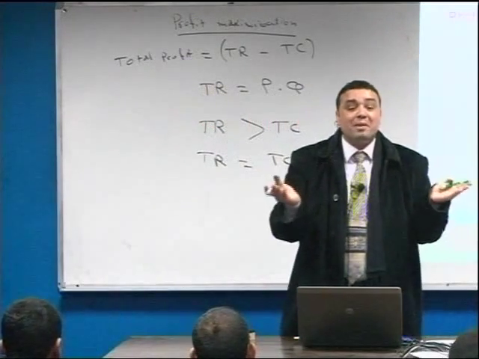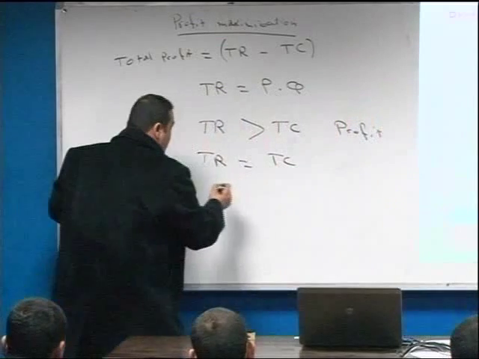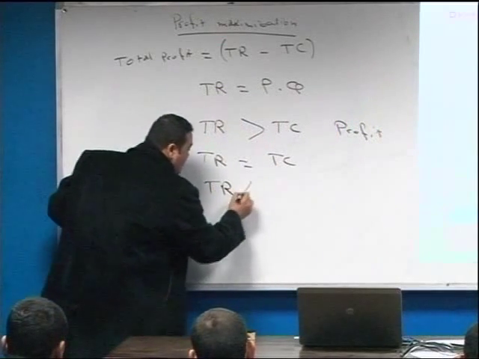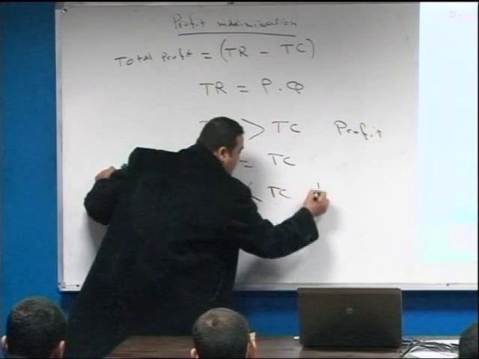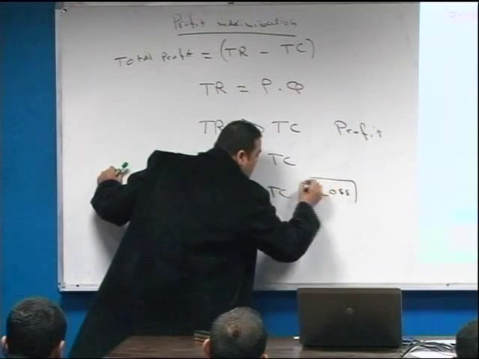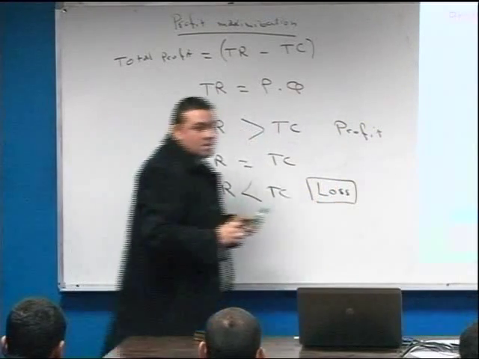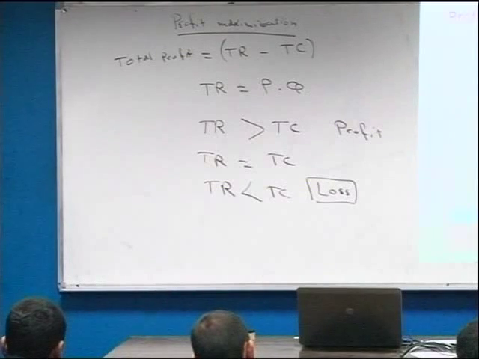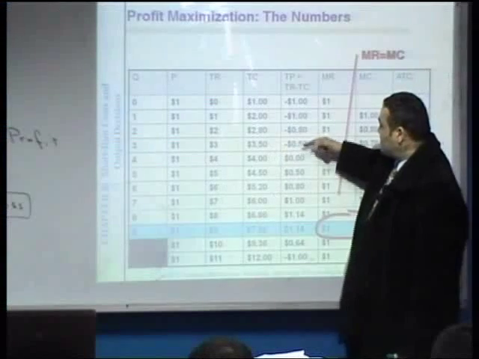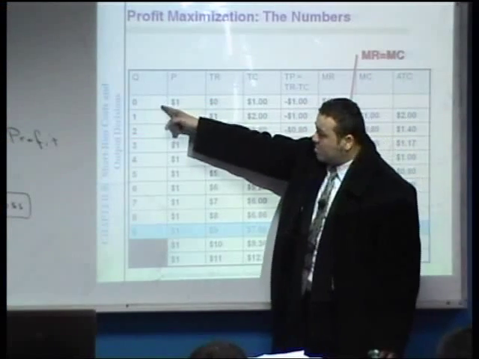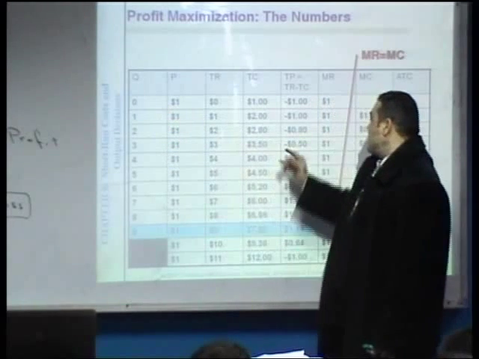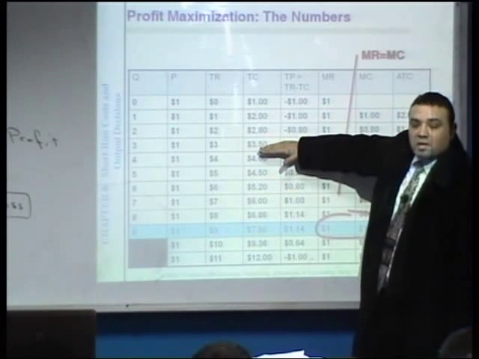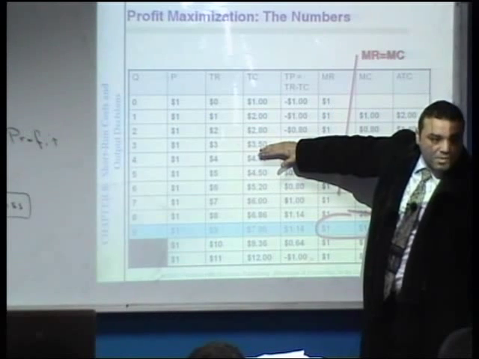It's called the normal profit. If total revenue is smaller than the total cost, it's called a loss, right? So at these quantities, 0, 1, 2, 3, the firm incurs a loss.